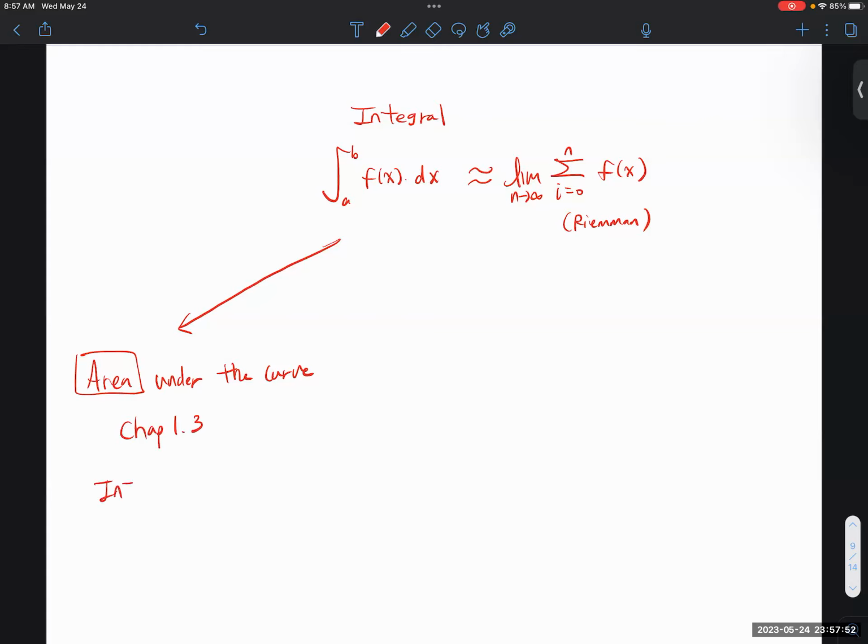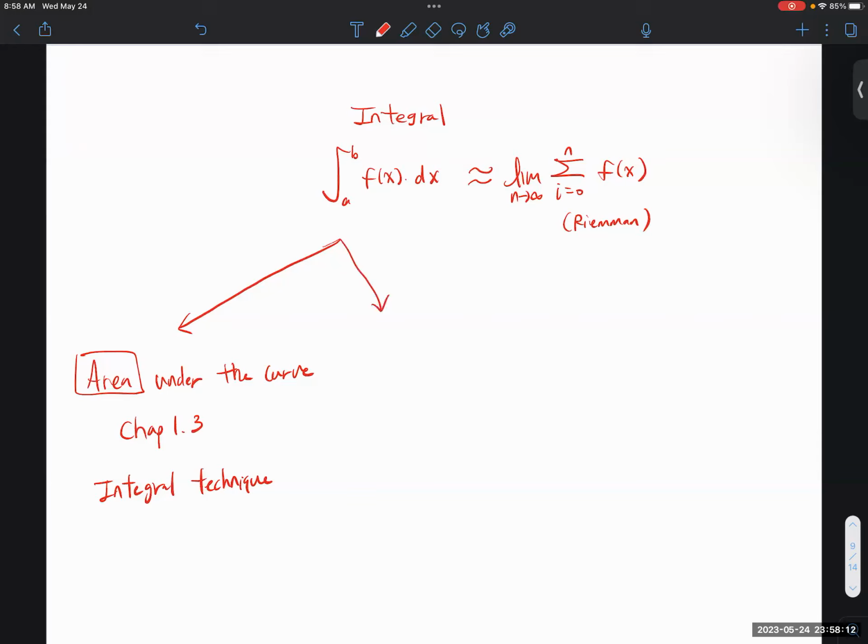We talked about many integral techniques. When you have a composition function, we use the substitution method. If you have whatever the given function, you're going to use this technique. So there are many integral techniques to find the area.